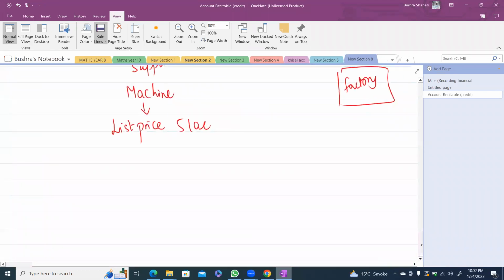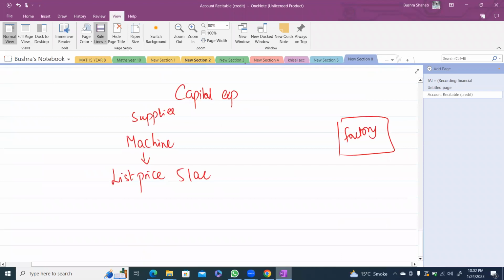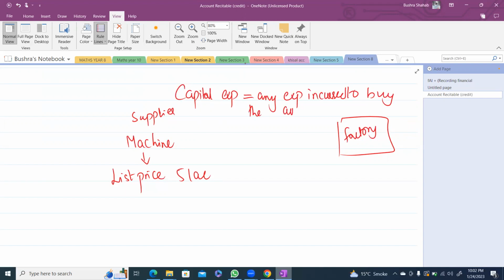Capital expenditure is basically any expense incurred to buy the machine, to acquire the asset, or upgrading the capacity of a non-current asset. This is the definition of it. It's written in the book.